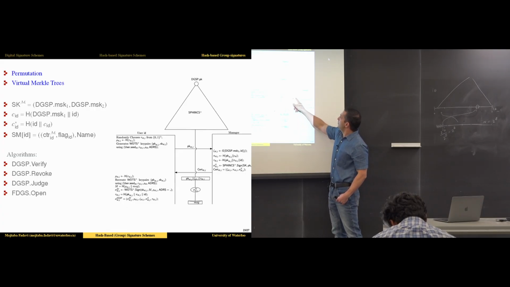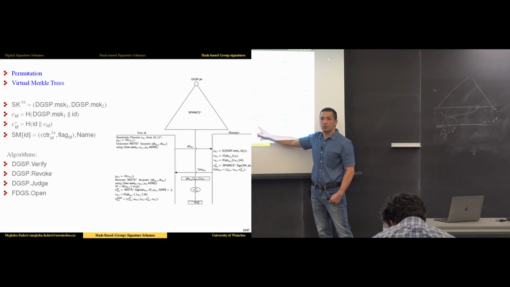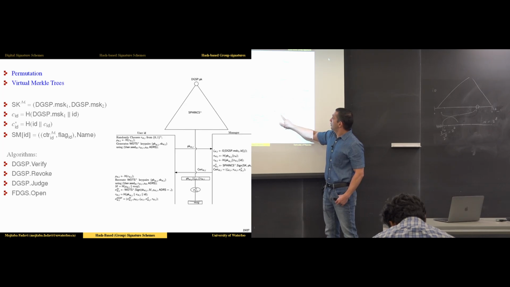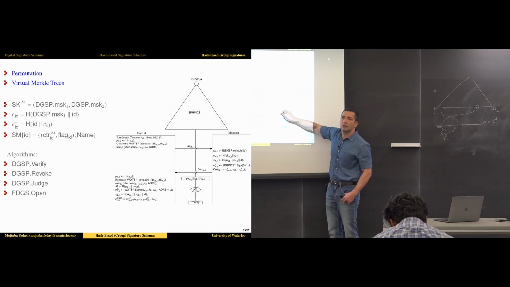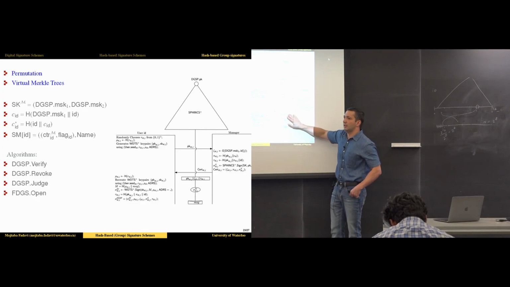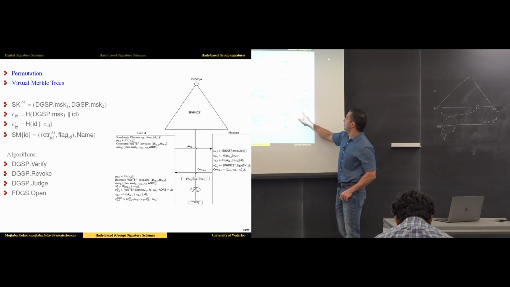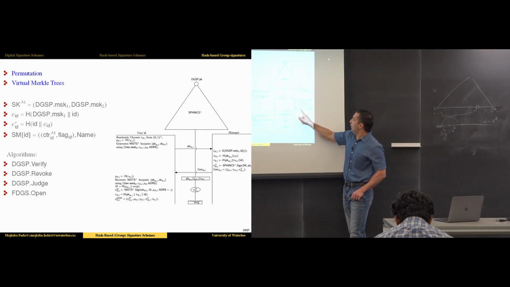And because of this encrypted value, which is a part of the signature, the manager can trace the user. So the manager generates a certificate based on this string, considering it as a message in Sphinx. He generates a Sphinx signature and sends a certificate which consists of the Sphinx signature, the encrypted value, and pi.